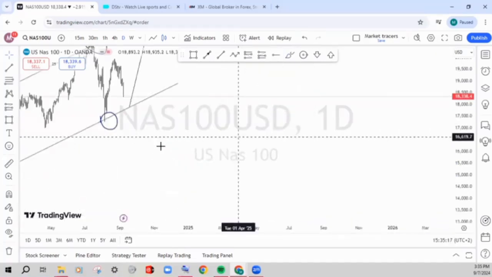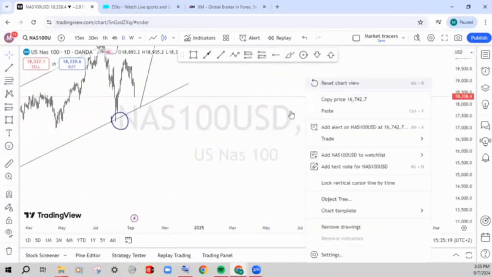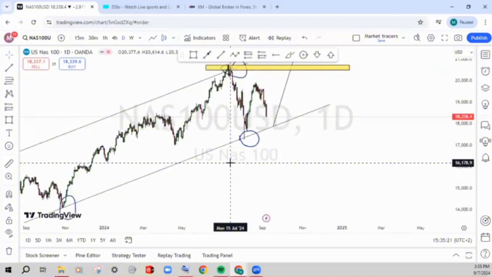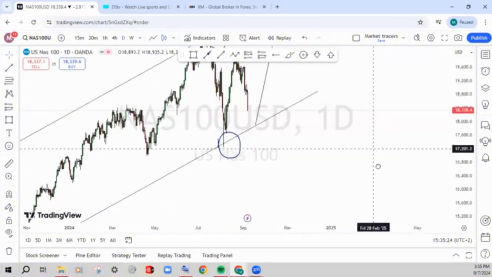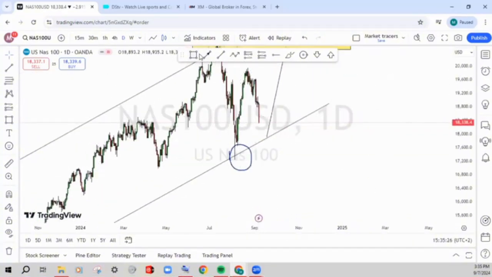So from our daily time frame, we can simply spot that we are still looking for buying opportunities. For us to go long, we will still be looking for buying opportunities, guys. So let me zoom in the chart to find other perfect levels.